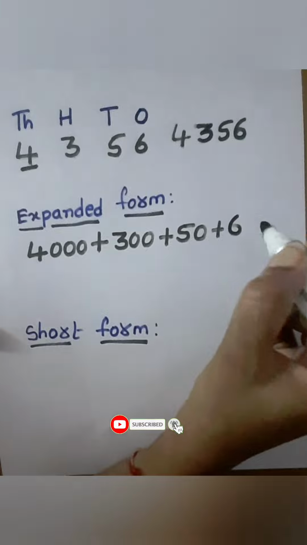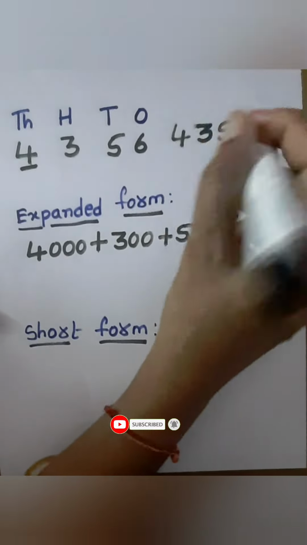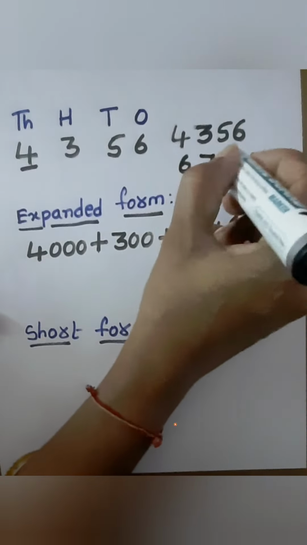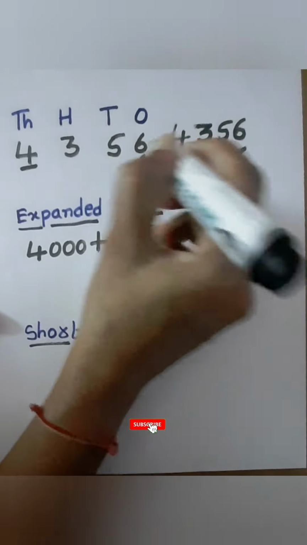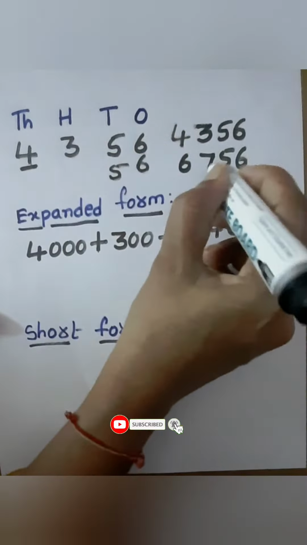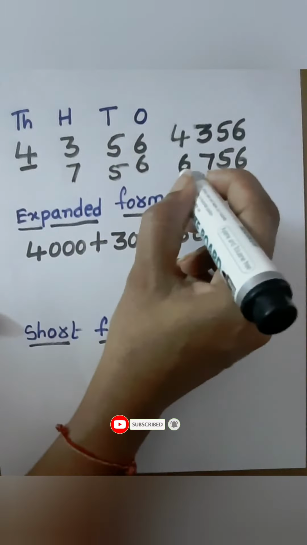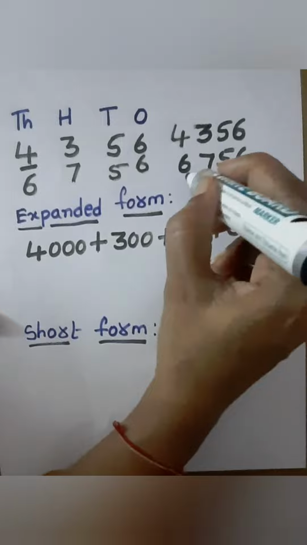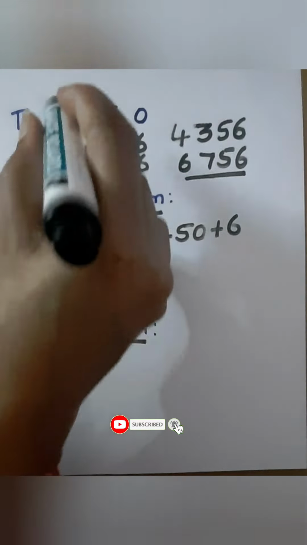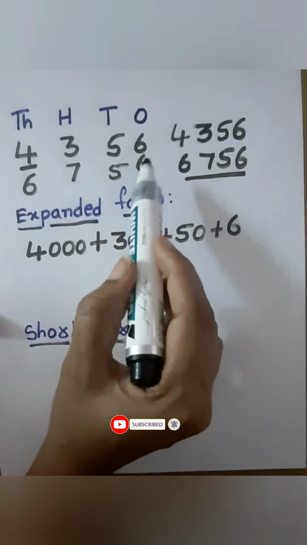So 6. And let us take another number, 6756. 6 is in the ones place, 5 is in the tens place, 7 is in the hundreds place, and 6 is in the thousands place. How can we read this number? 6 is in the thousands place, that means 6756.